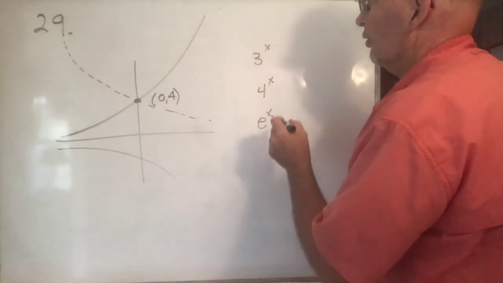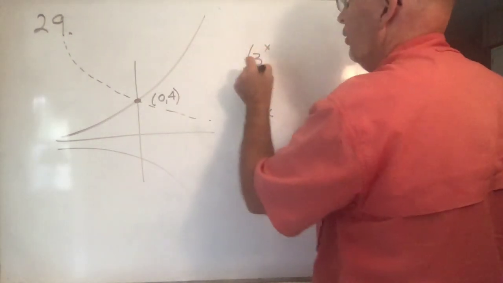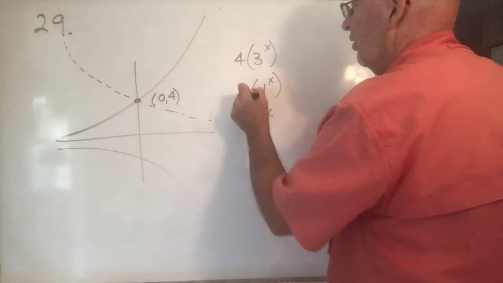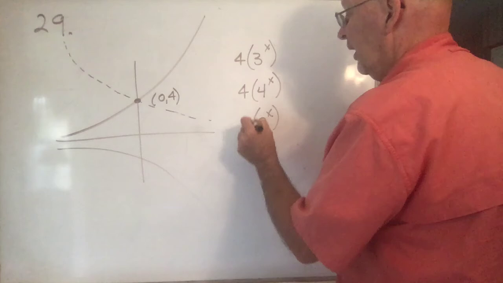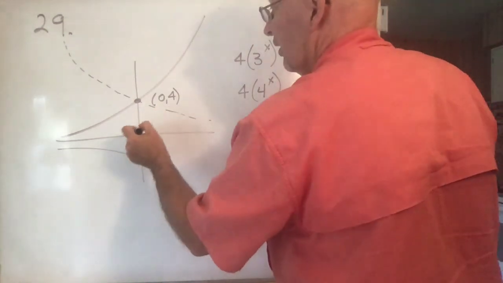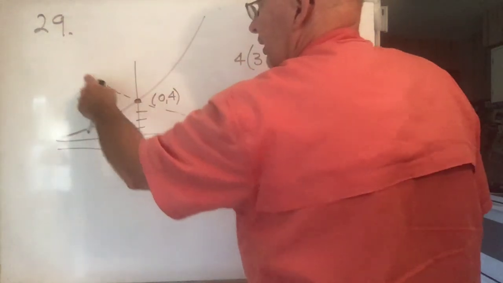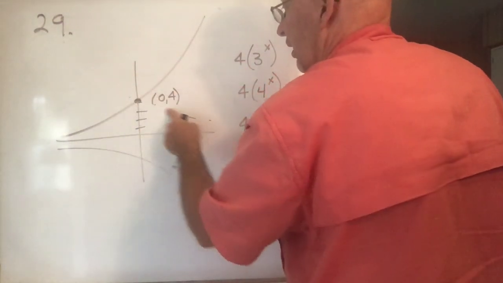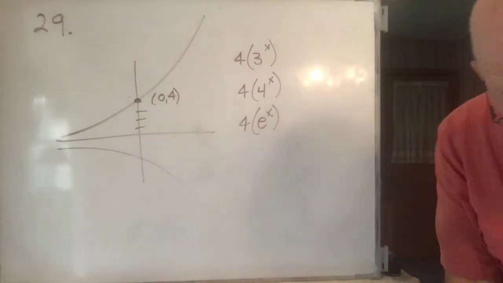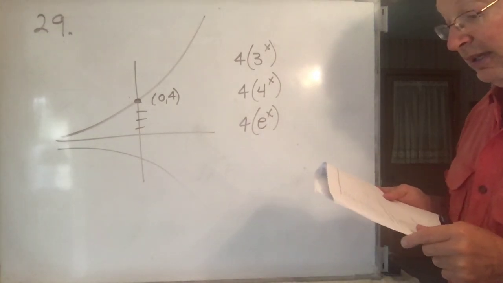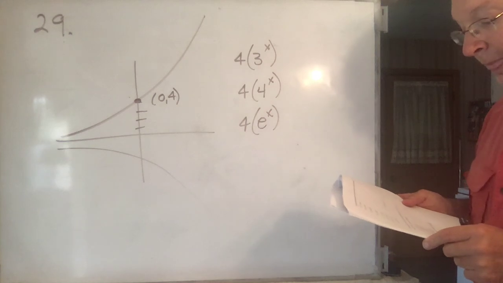But I want it to go not through 1. I want it to go through the value 4 when x is equal to 0. So by taking all those things and multiplying them by 4, that's going to raise it so that it goes through the point 0, 4 instead. So the only one that looks like that is going to be number A. A does the job.